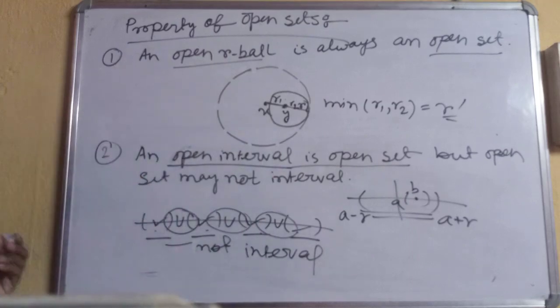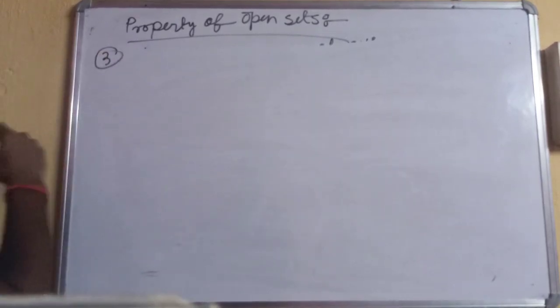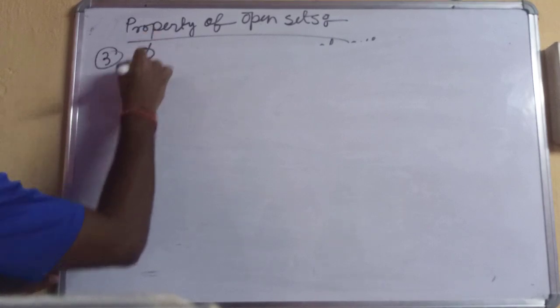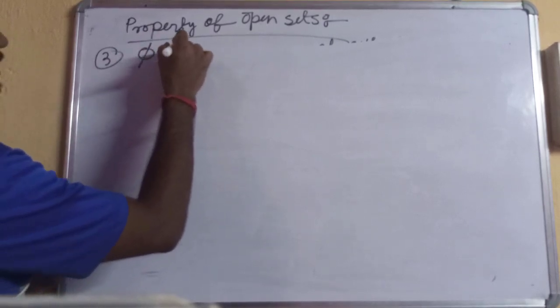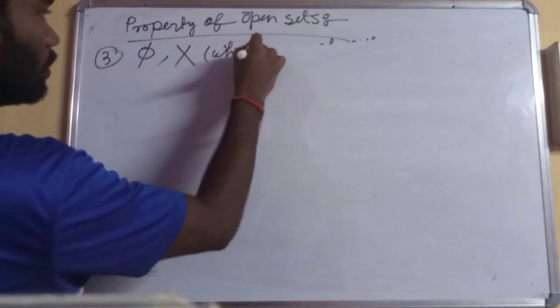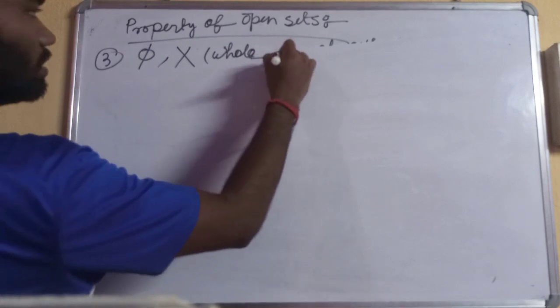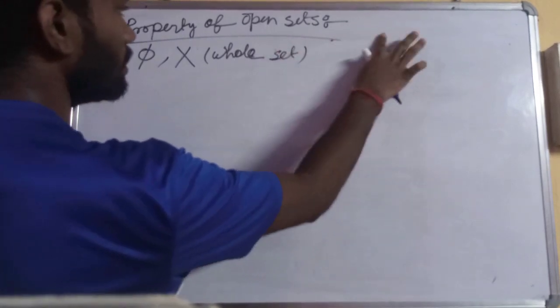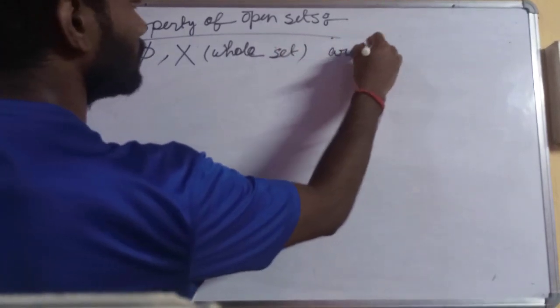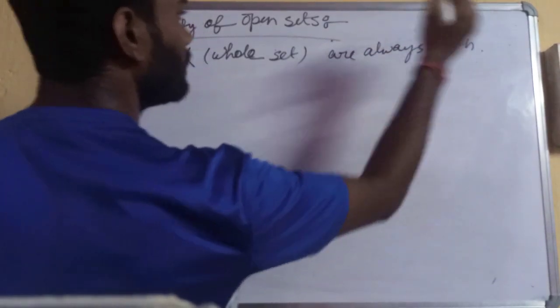Number three, phi and X, that is the whole space, are always open, right?